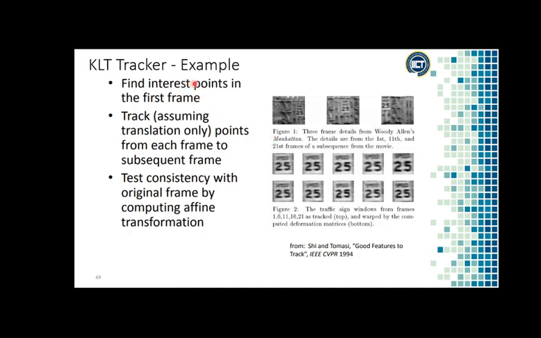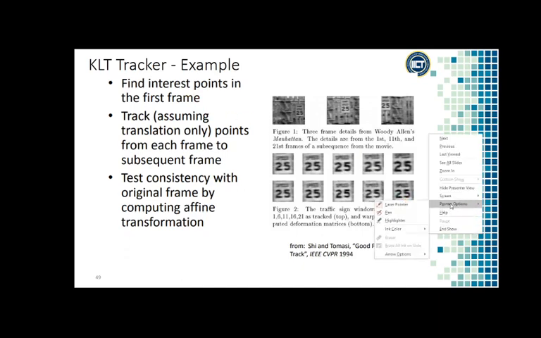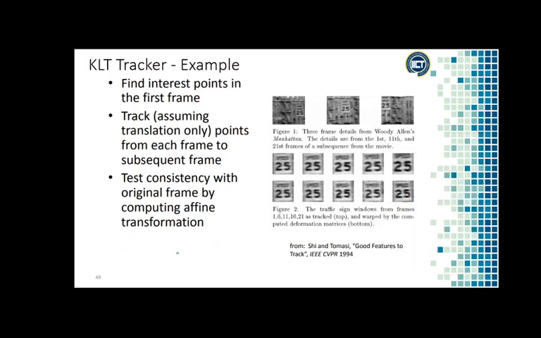The KLT tracker is a kind of interest point detector, the same as corners, but there is one thing which we perform here. Let me write it for you. There is an affine transformation.